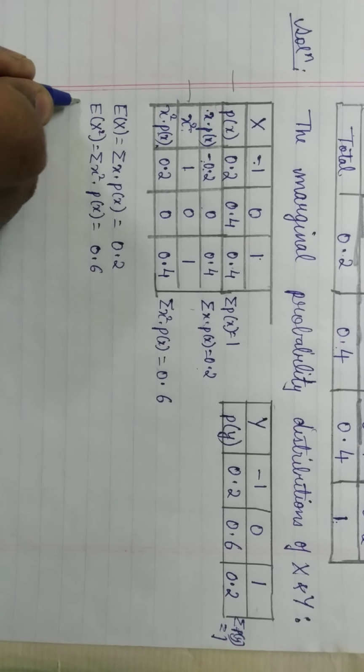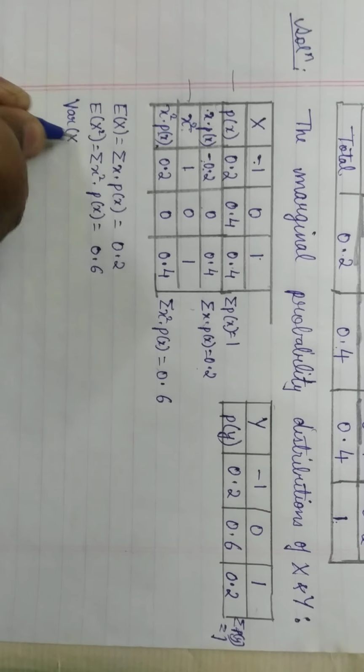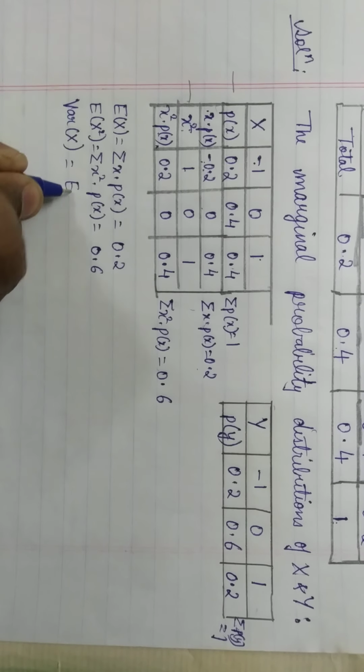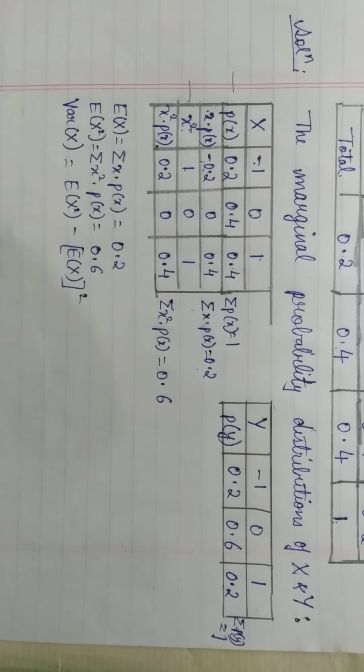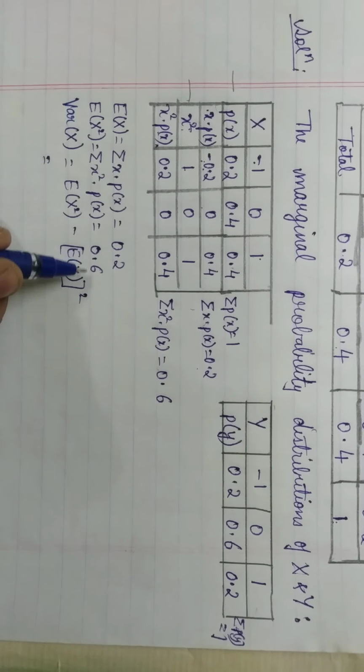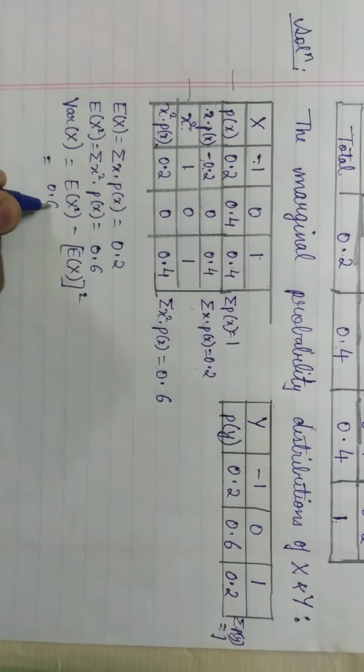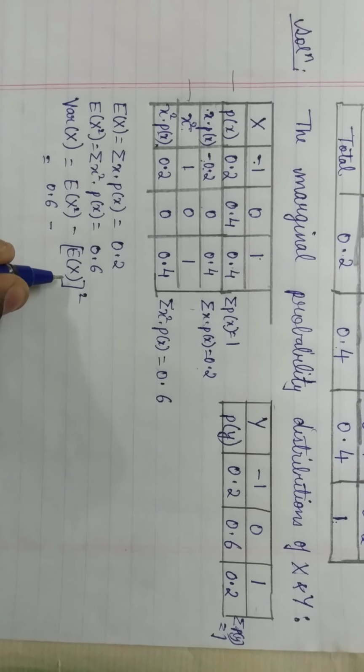Then variance of x is equal to E of x square minus E of x the whole square. This is a formula. Substitute it in this formula. E of x square we have found out is 0.6, minus E of x the whole square.